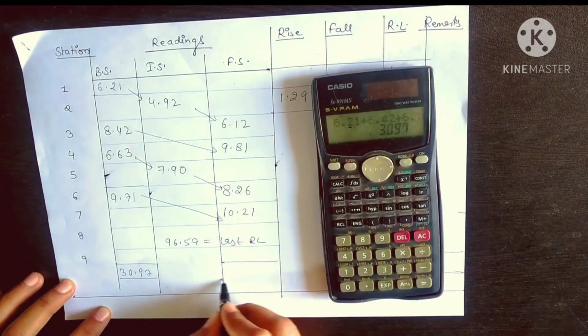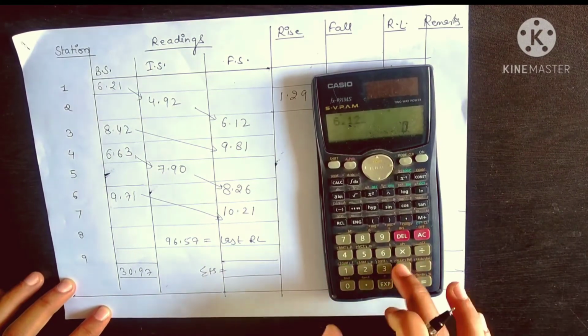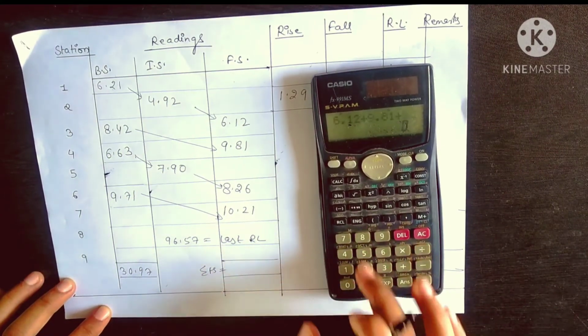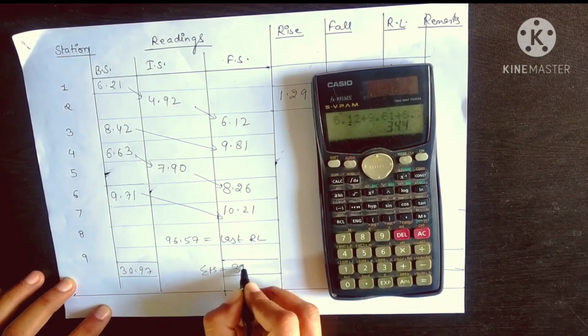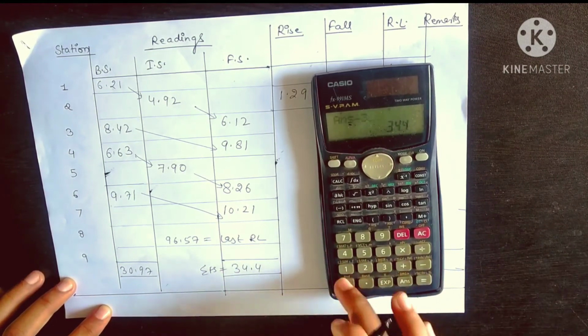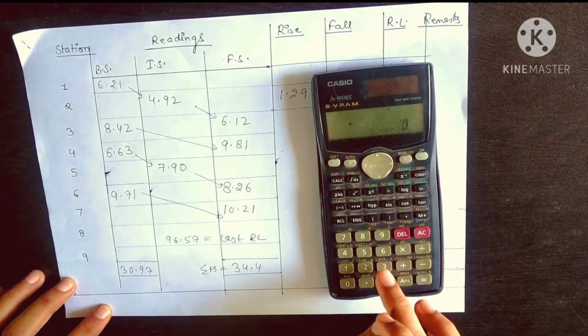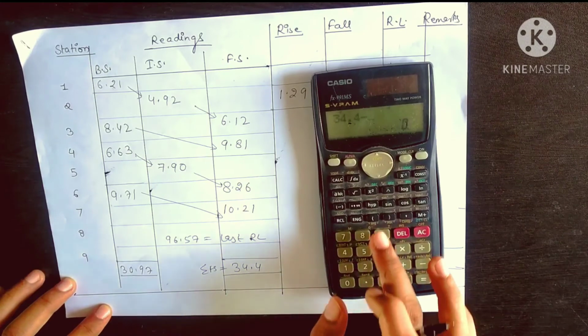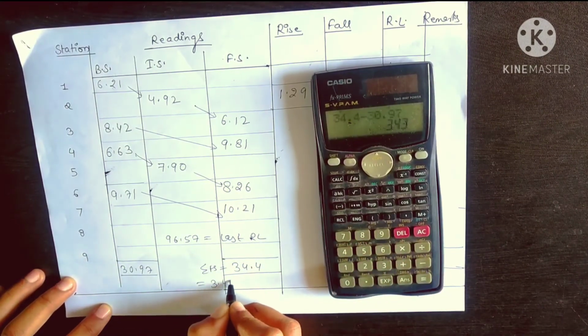Summation of FS will be 6.12 plus 9.81 plus 8.26 plus 10.21 will give us 34.4. 34.4 minus 30.97 will give us 3.43.